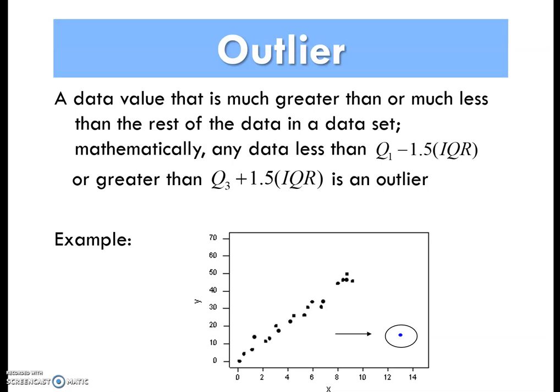So what that means is that you're going to take the interquartile range, multiply it by 1.5, add it onto Q3, and subtract it from Q1. And I have an example showing this at the end of the PowerPoint.